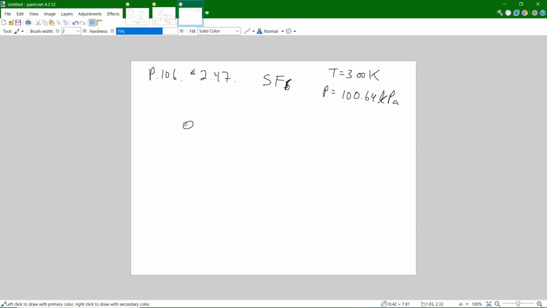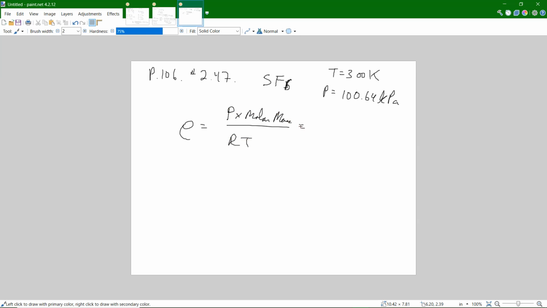Okay, so I want to find rho, so it's pressure times molar mass over R times T. The molar mass of sulfur hexafluoride, I don't know that off the top of my head, so let's find it.